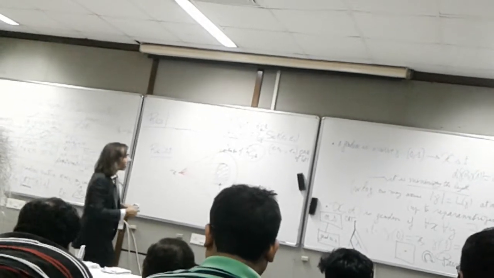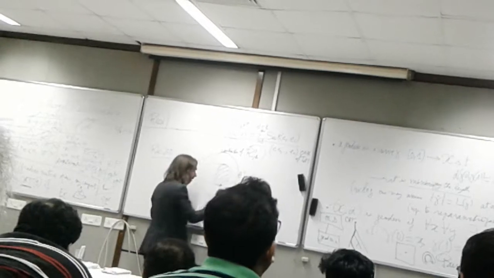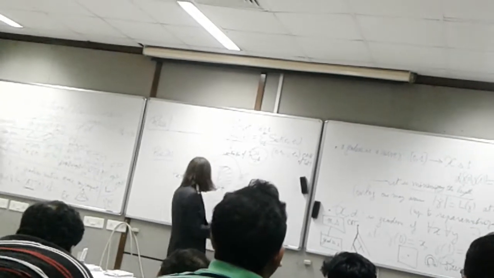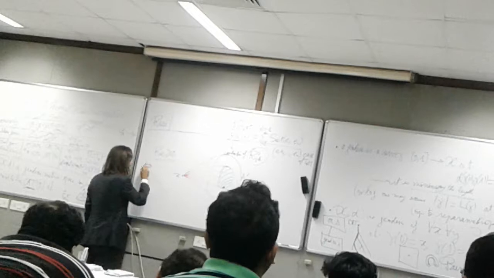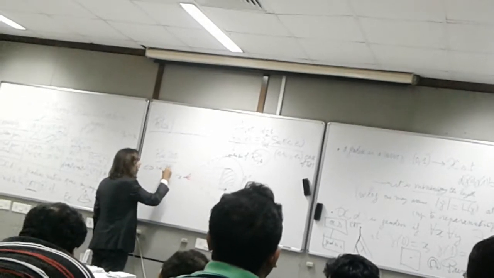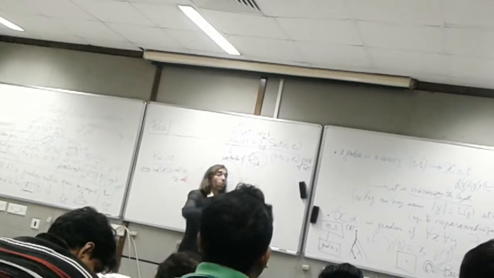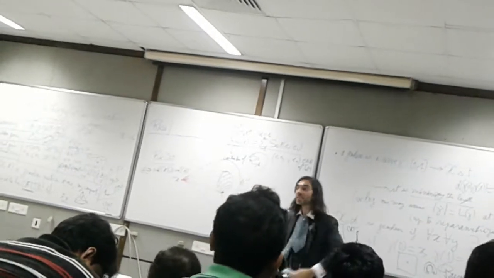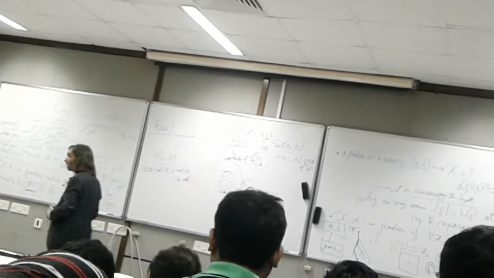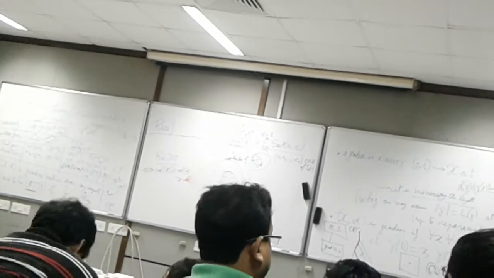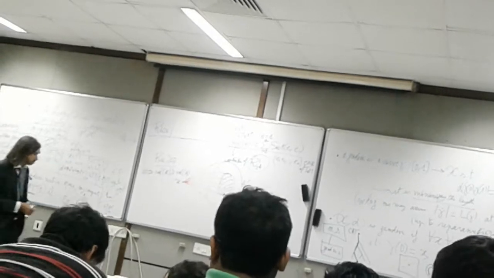So let's call this A prime. And Ricci non-negative is equivalent to saying that the volume of A prime is always bigger than the volume of A. Meaning you always see objects larger than they are in reality. That is the meaning of non-negative Ricci curvature.